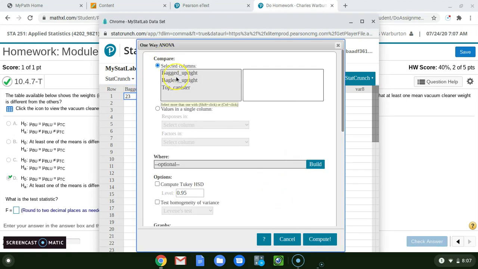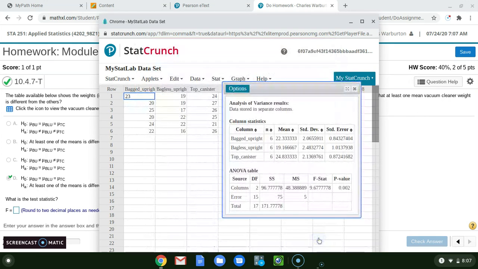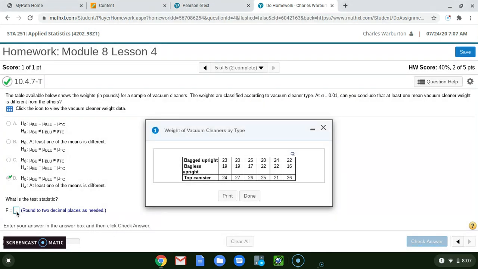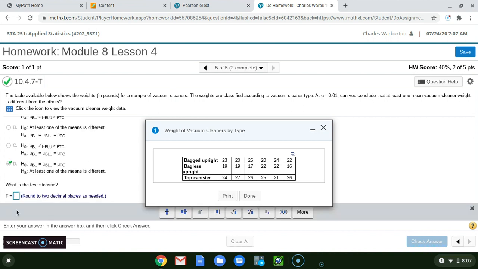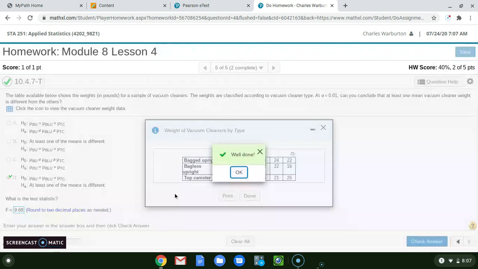Select all 3 columns and compute, and that's going to give you your F statistic. So my F statistic is, sorry, 9.68. 9.68 gets me my F statistic.